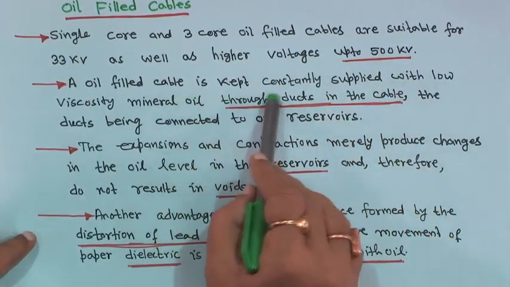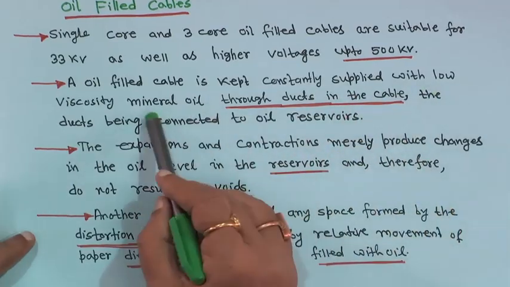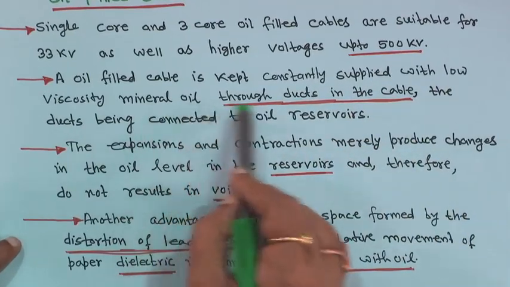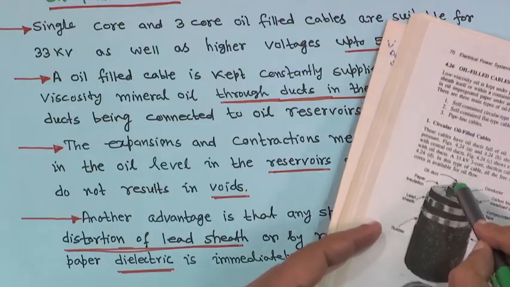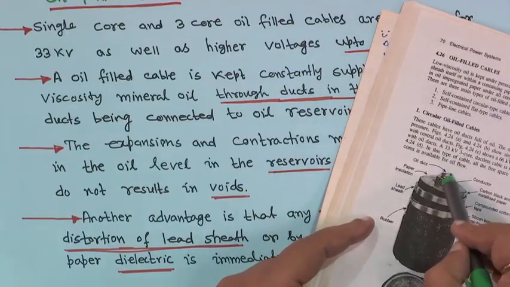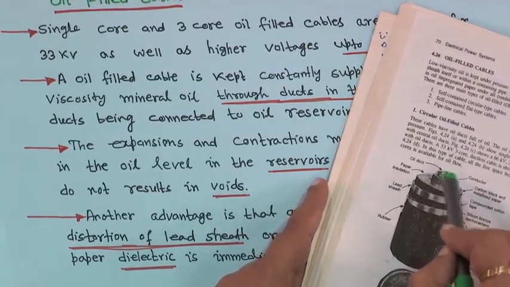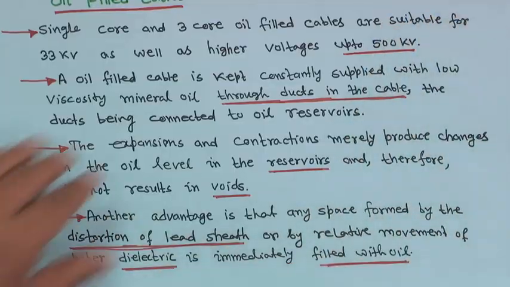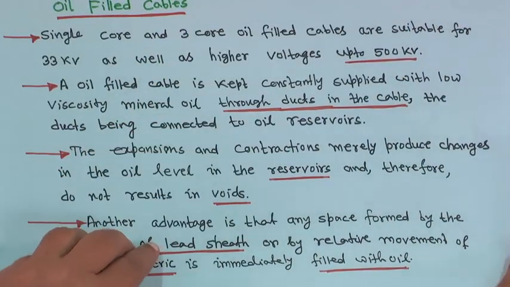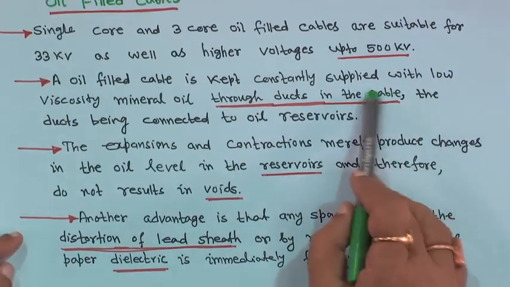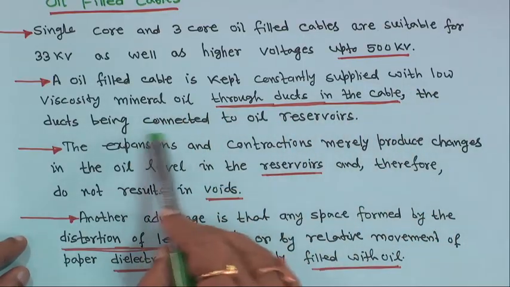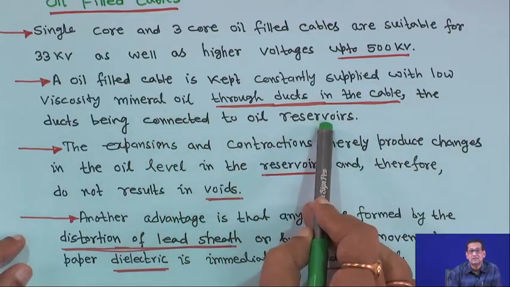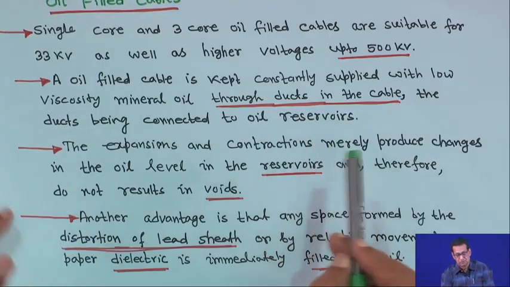An oil filled cable is kept constantly supplied with low viscosity mineral oil through ducts in the cable. This is the duct, and through this duct the oil flow has to be maintained. That means you have to have a reservoir for oil, right. The ducts are connected to an oil reservoir, there must be an oil reservoir also.